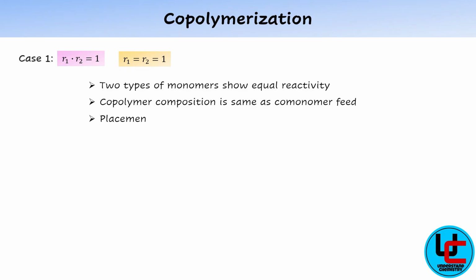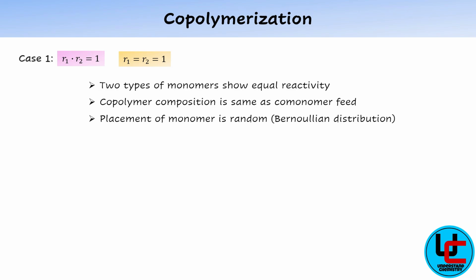The placement of monomer along the chain is truly random, what we call Bernoullian distribution. This type of copolymer is also referred to as azeotropic copolymer because there is no composition drift during copolymerization.